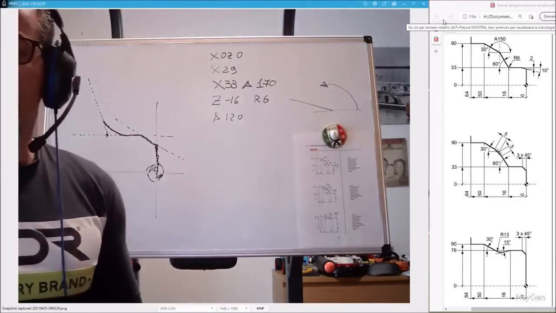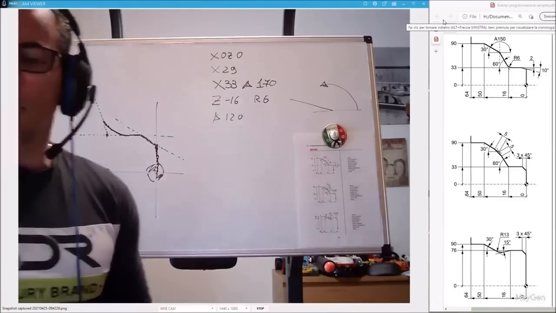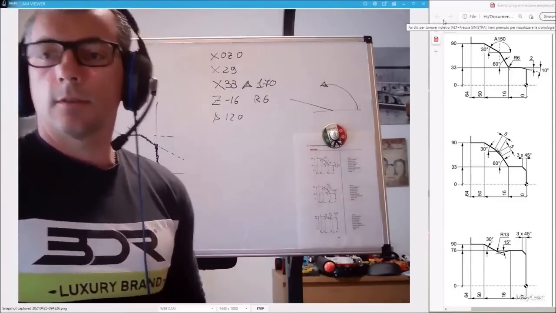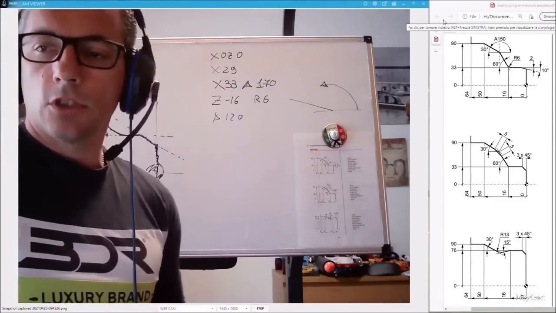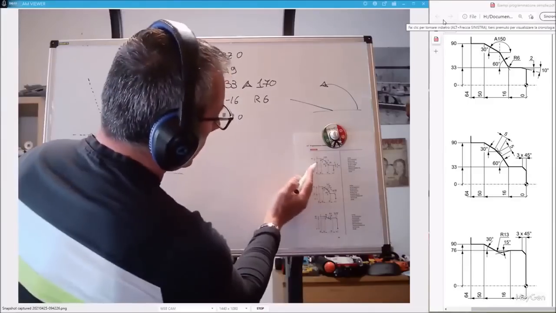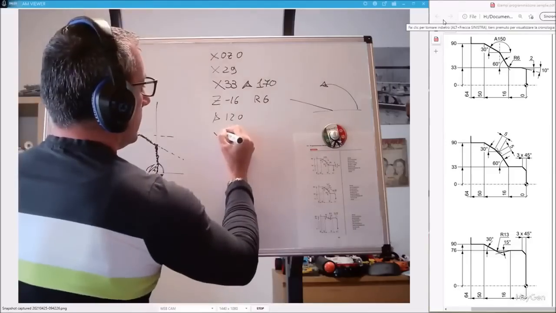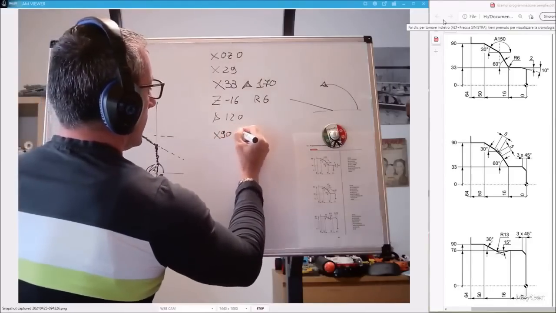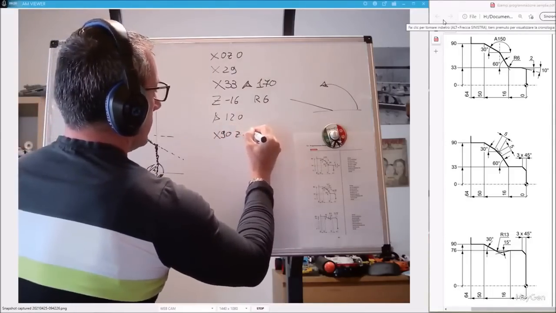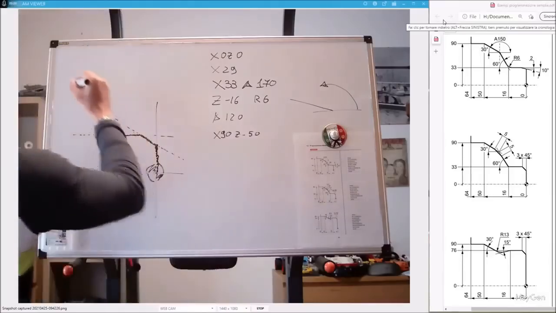What does the machine tell me? However, the machine tells me, the drawing, that I will have to reach here at some point, which is x90, z minus 50. So x90, z minus 50. Let's fix it here at this point.